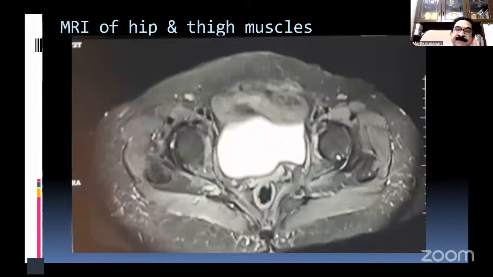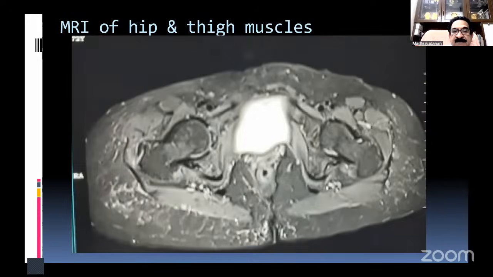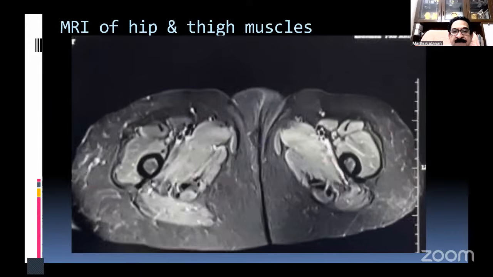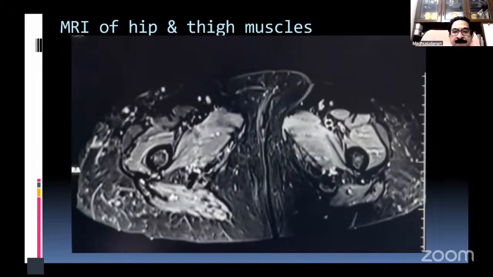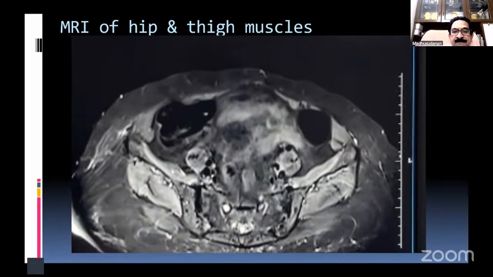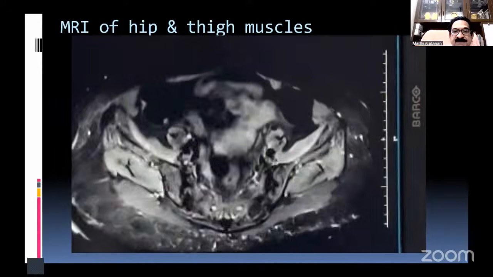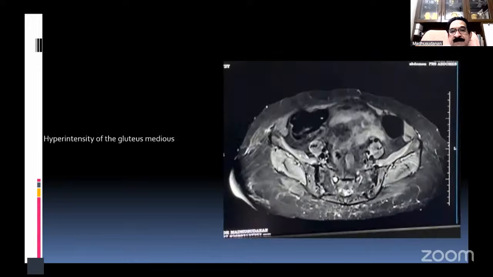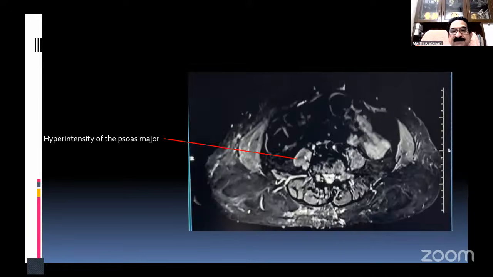Then I did an MRI of the hip and thigh muscles. That is the gluteus maximus posteriorly. That is the iliacus. I will show the static film. So this is the gluteus maximus, which is hyperintense. In front of that is the iliacus, muscle hyperintensity there. Then you can find the hyperintensity in the psoas major adjoining the spine, the vertebral body.